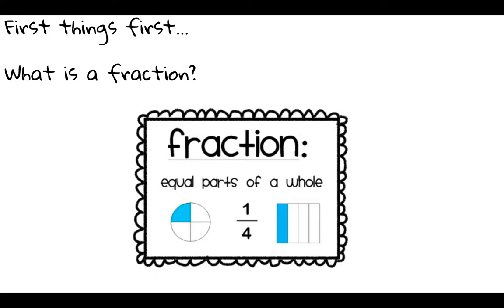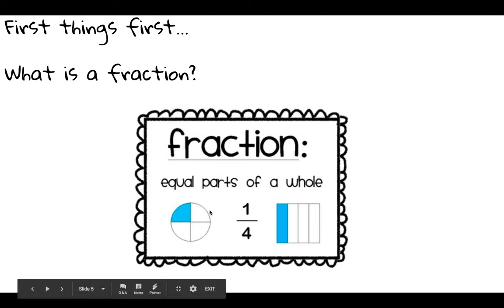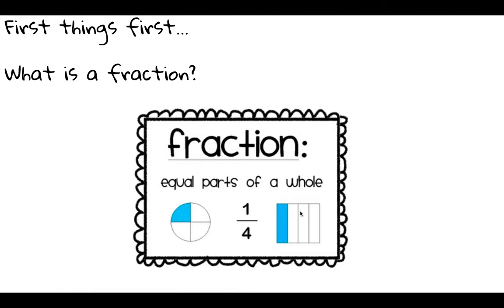So the definition for a fraction, you're going to actually write on the very front of your little book. This is the front cover. You haven't turned any pages yet. You are going to write that a fraction is equal parts of a whole. That's all that it is. So the example on that slide is 1/4. So you see this here is 1/4. So in your book, on the cover, you're writing that a fraction is equal parts of a whole.